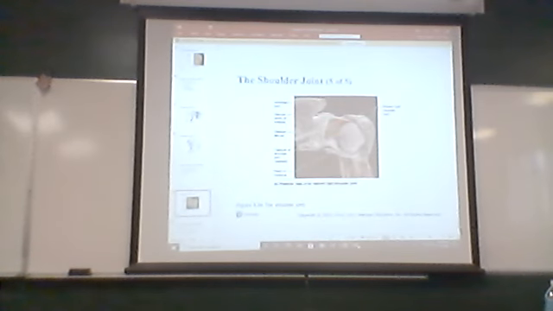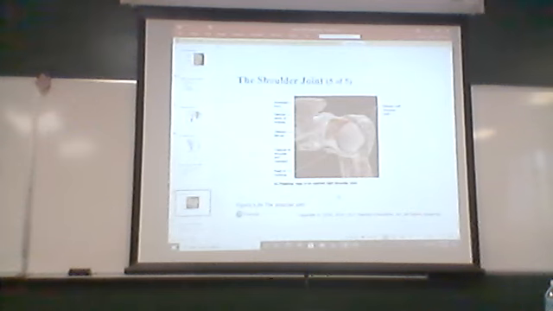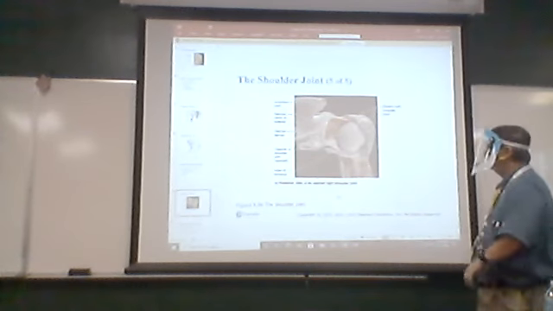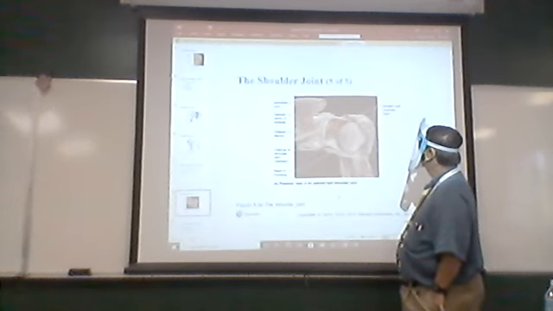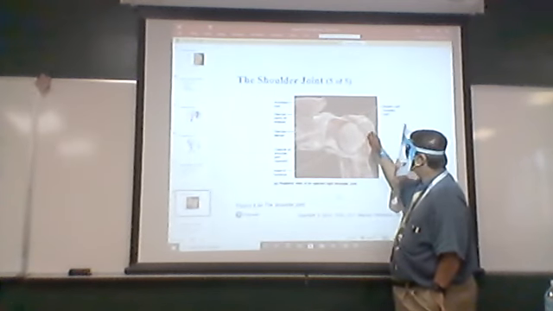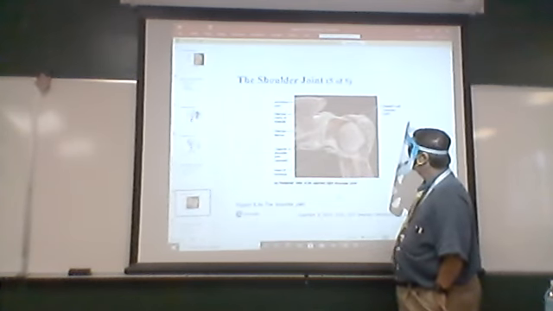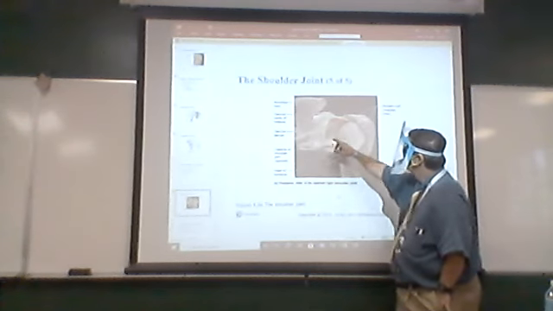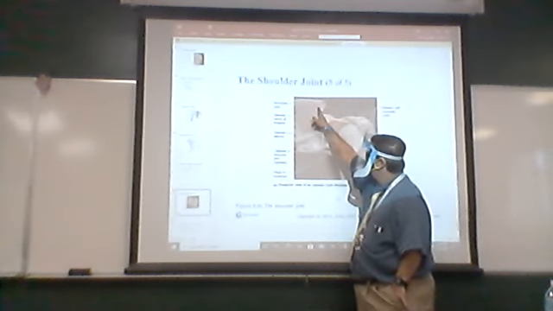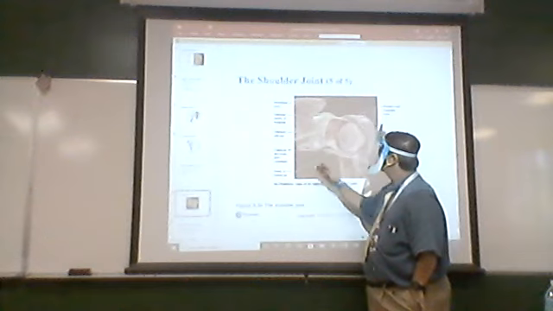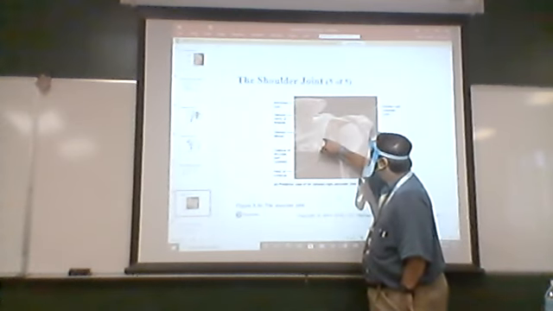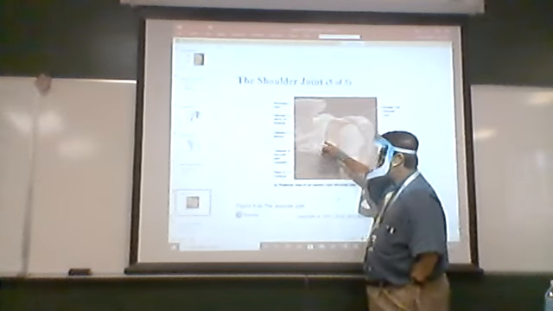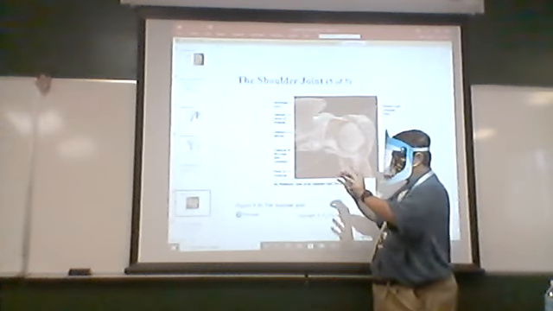So there's a second image. There is a dissected joint capsule, and you can see the rotator cuff muscles right here. The acromion process of the spine of the scapula, the glenoid fossa right there. The labrum, remember, is the extra fibrocartilage that wraps around.